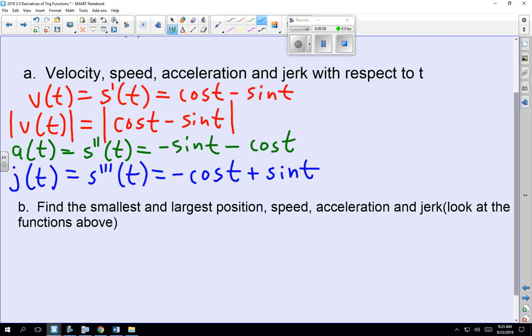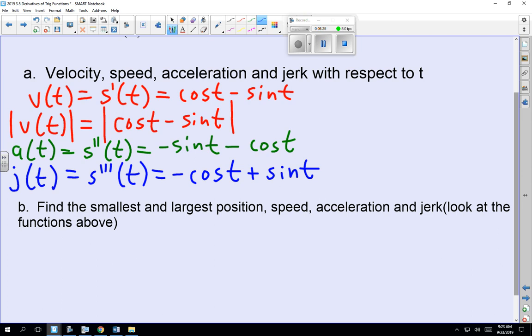And then once you have those four functions along with your calculator, it's probably the best way to do it with your calculators, you can find the smallest and largest position, smallest and largest speed, acceleration, and jerk. Just graph those. Now, one key is on your graphing calculator.